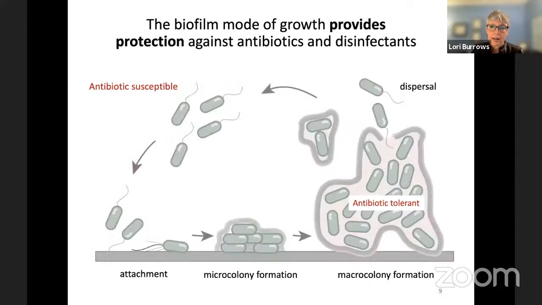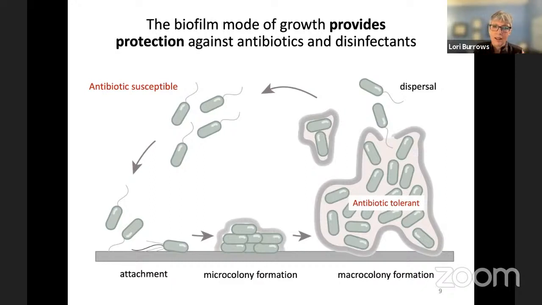So when we look at this biofilm life cycle again, the planktonic cells are considered antibiotic susceptible. And this is how we test for susceptibility in a lab, right? So if you have an infection and you send it for culture and they're going to do a test to find out what antibiotics it's susceptible to, they will grow the bacteria as a broth culture, right?